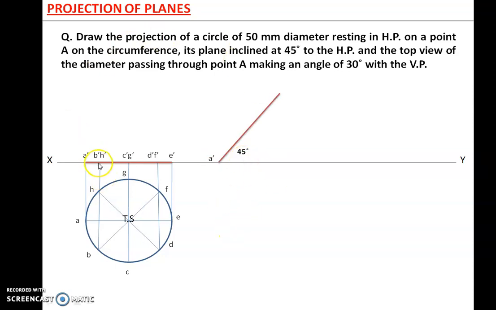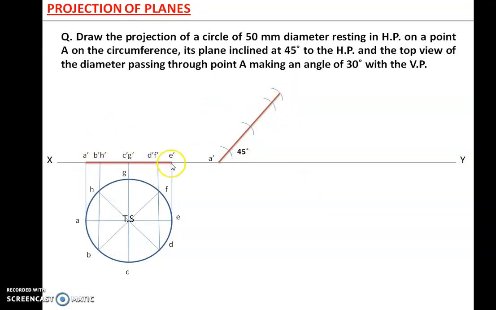Now you have to mark all these BH, CG, DF, E on this 45 degree line with the help of a compass. So take A dash as reference. Set your compass, take this A dash as a reference point. Now see that I have taken the arcs here.